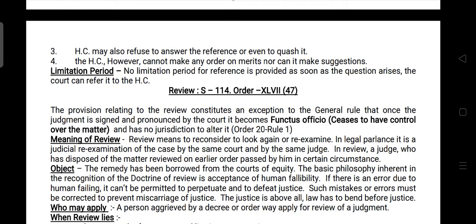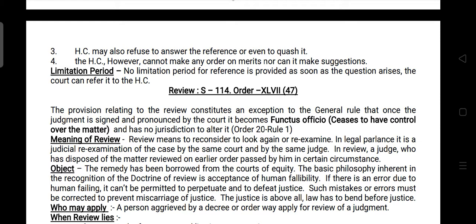The provision relating to review constitutes an exception to the general rule that once the judgment is signed and pronounced by the court, it becomes functus officio, that is, it ceases to have control over the matter and has no jurisdiction to alter it, as provided under Order 20 Rule 1 of the Code.